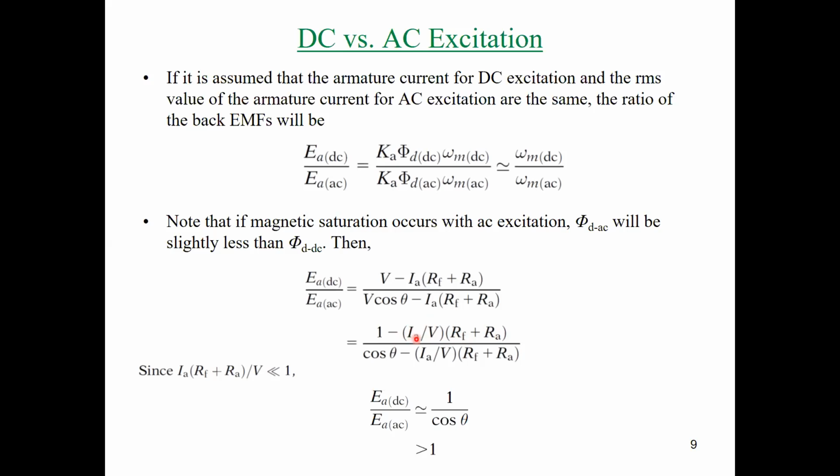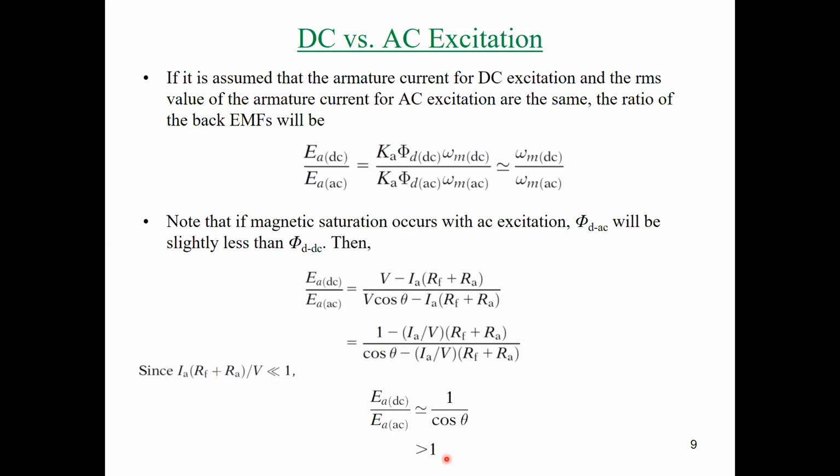The same applies here. So if we neglect this part from the equation, we find that EDC divided by EAC equals 1 divided by cosine theta.